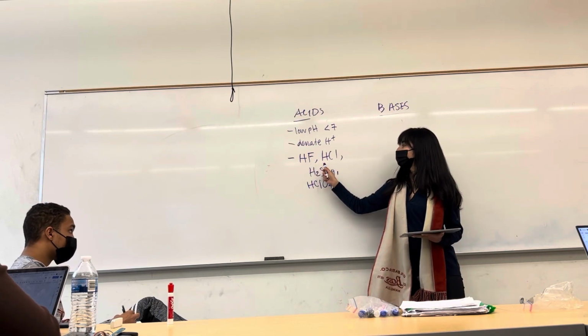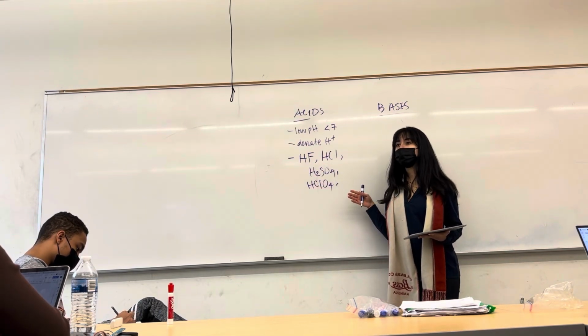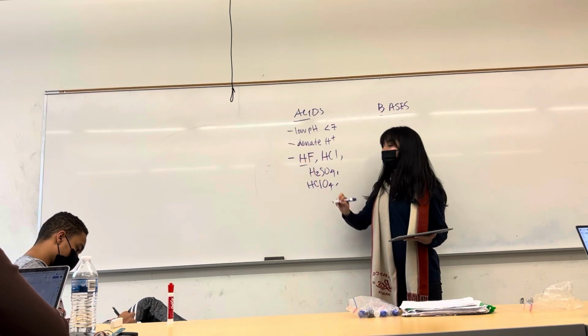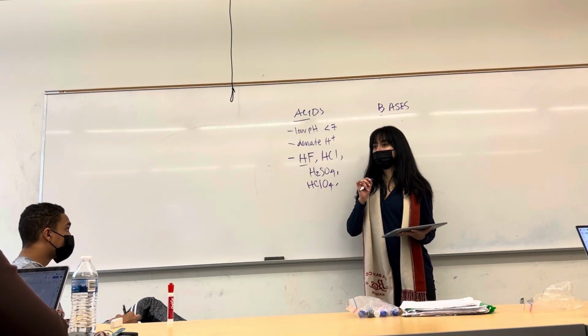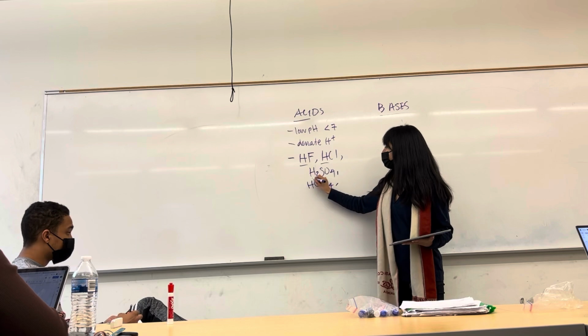What do you find in common with all of these acids? H, right? If you don't know if something is an acid, the first thing you can look at is if it has an H.